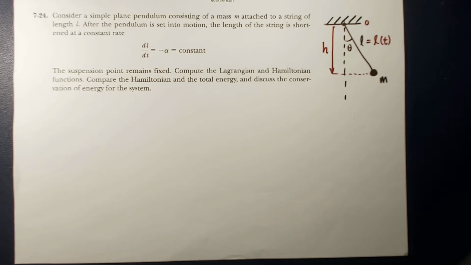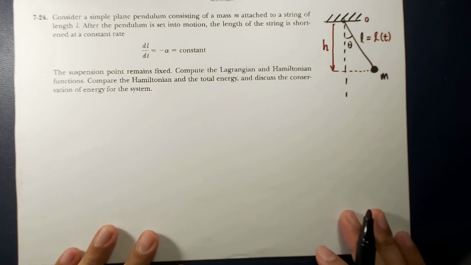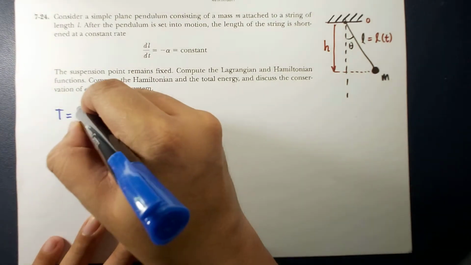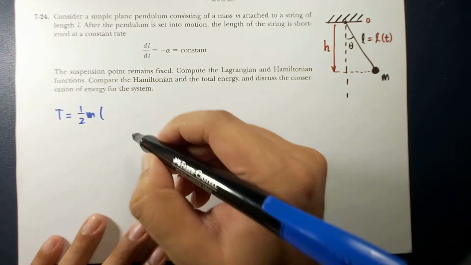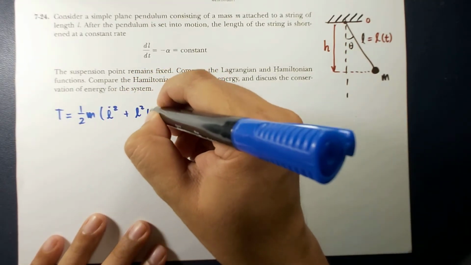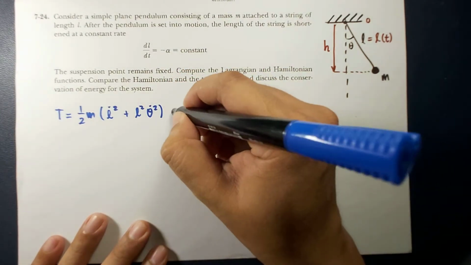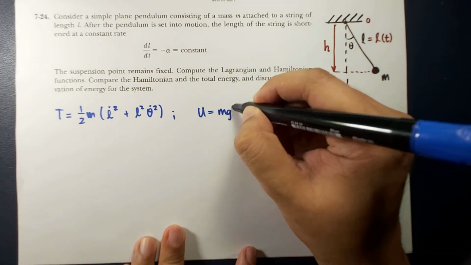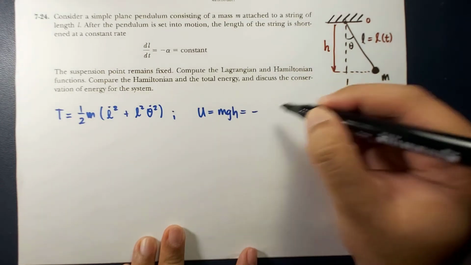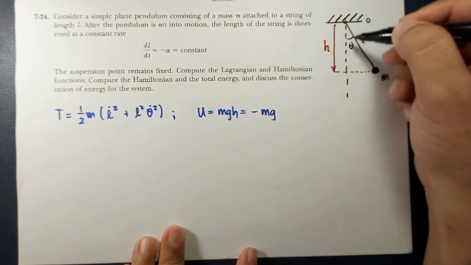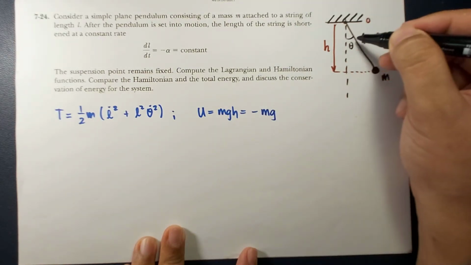So as previously discussed, for a simple pendulum it's better to choose polar coordinates, so that the kinetic energy is equal to 1/2 m times (L dot squared plus L squared theta dot squared), while the potential energy is equal to mgh, which is negative mgL cosine theta.